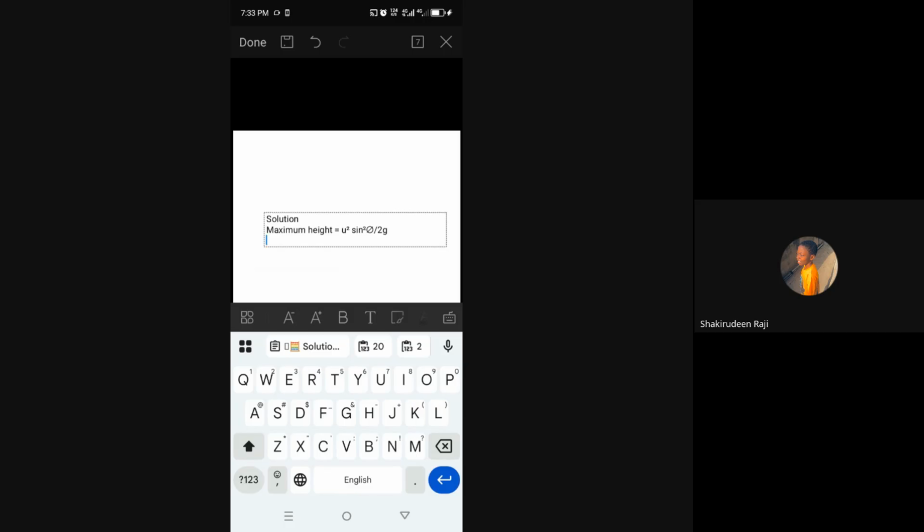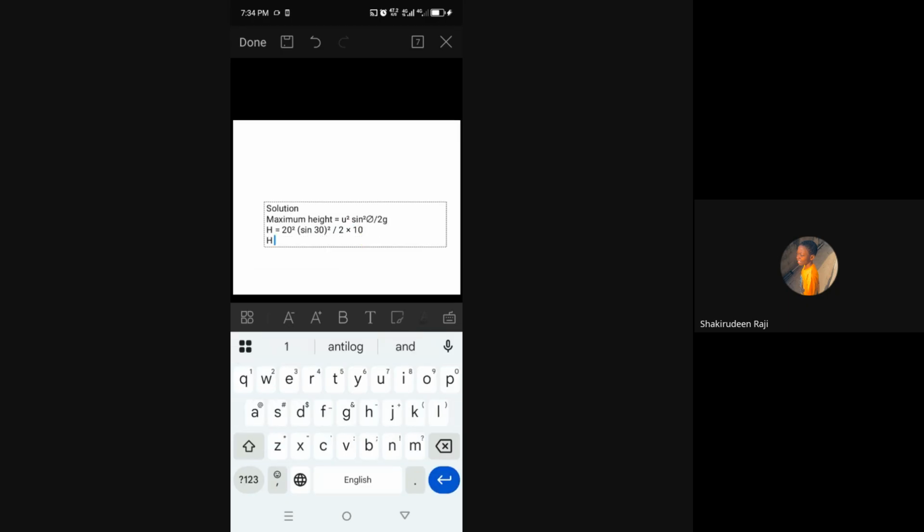So that means maximum height is equal to 20 square, sine, let me put it in brackets, what's the theta in the question? 30, right? Sine 30 square, everything divided by 2g. 2g will be 2 times 10, acceleration due to gravity is 10.